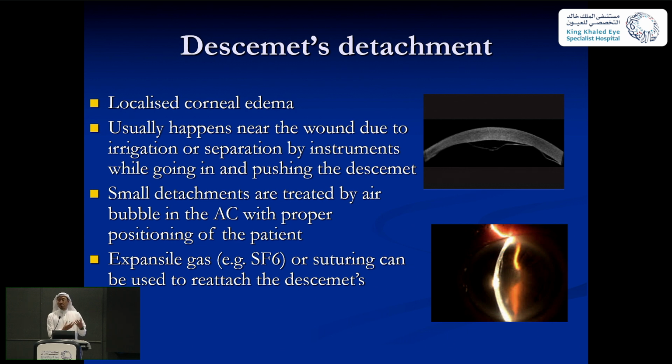If it is temporal, you can have the opposite side down so that it goes there. What if we have it lower? For a lower detachment, you can have hyperextension of the neck without a pillow so that the air can go to the inferior.